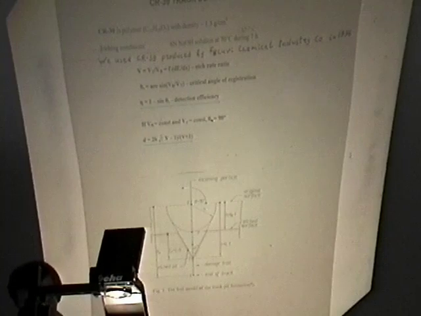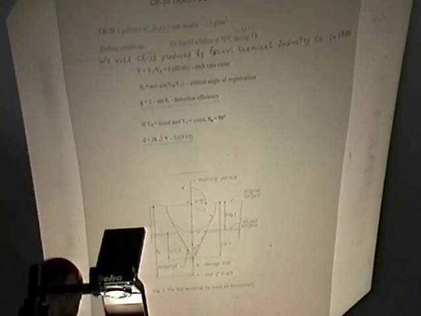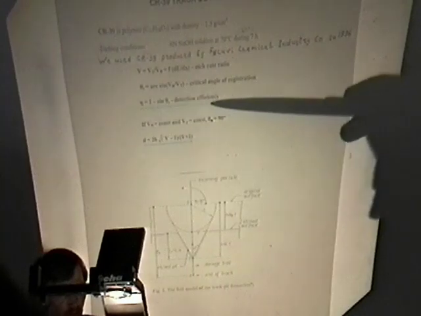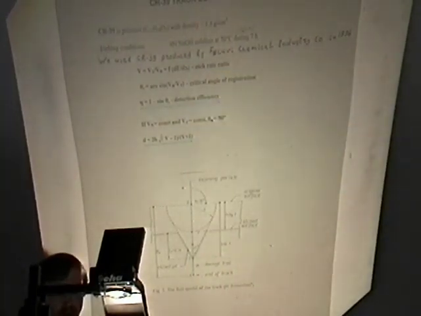It is easy to show that the detection efficiency for a given type of particle is determined by the equation eta equals 1 minus sine theta c.